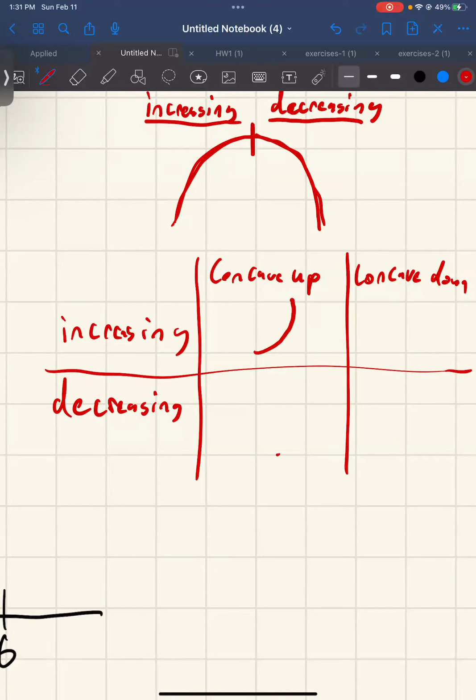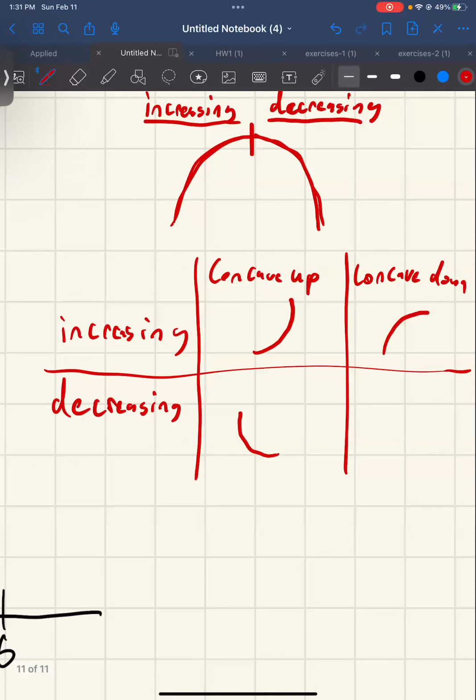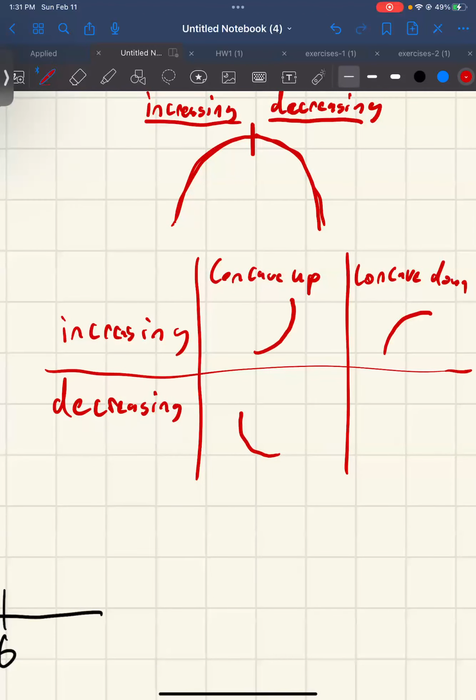Decreasing and concave up looks like this. Increasing and concave down looks like this, while decreasing and concave down looks like that. So it's almost like we have these four pieces that we need to assemble to make our graphs.